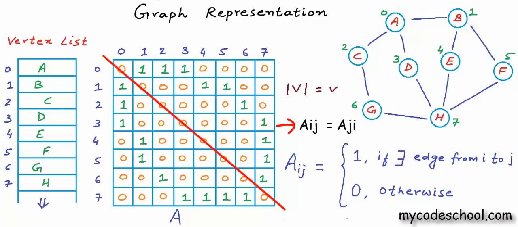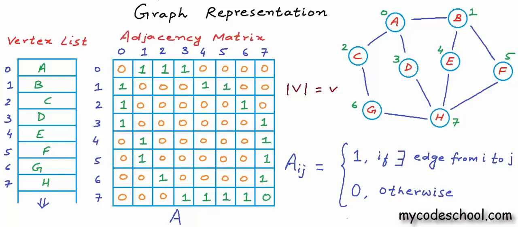Now this would not be true for a directed graph. Only one position will be filled for each edge, and we will have to go through the entire matrix to see all the edges. Okay, now this kind of representation of a graph in which edges or connections are stored in a matrix or 2D array is called adjacency matrix representation.